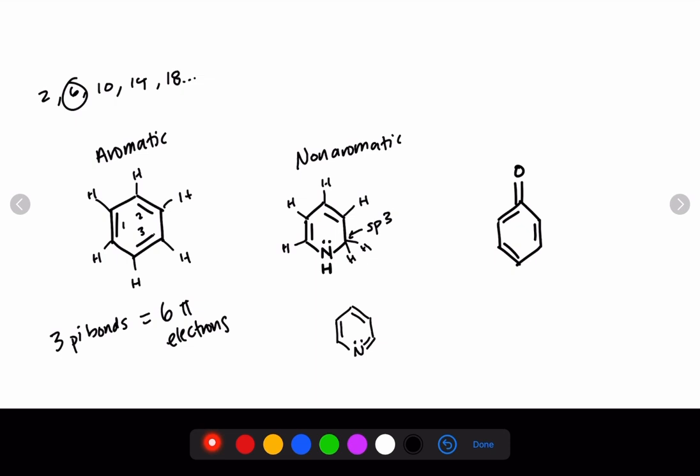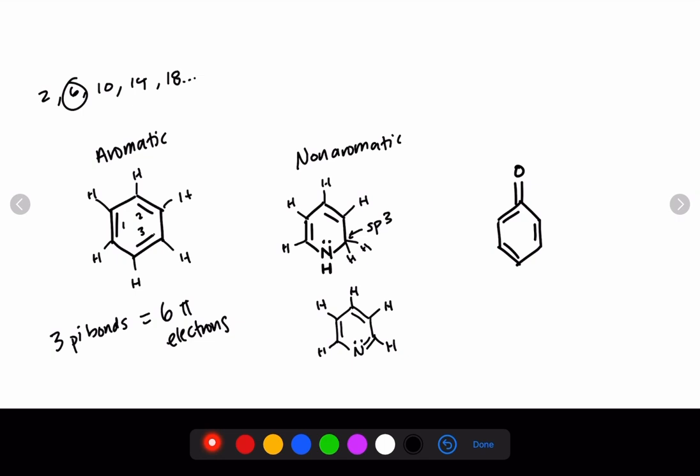It is a closed loop. All atoms are sp2 hybridized. We can draw in our implicit hydrogens just to make sure. So we have our closed loop of conjugated atoms. Now we can assume the molecule is flat because there's nothing telling us otherwise. And so we just have to look for the number of pi electrons that are participating in this conjugated loop.